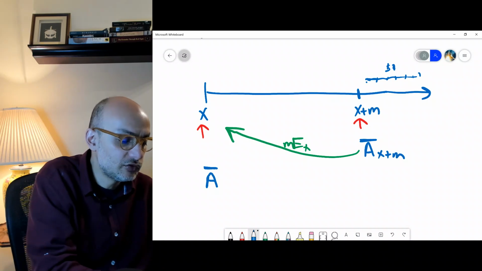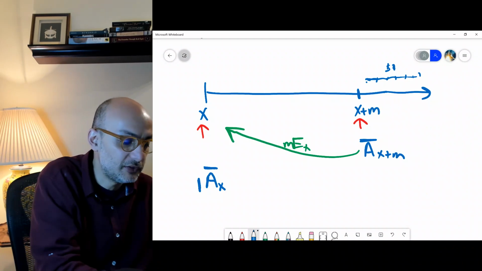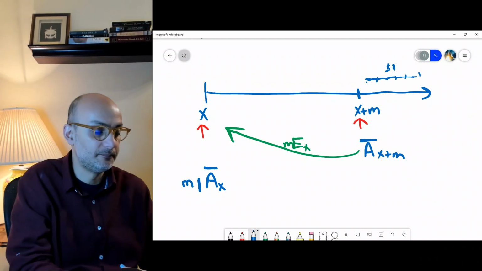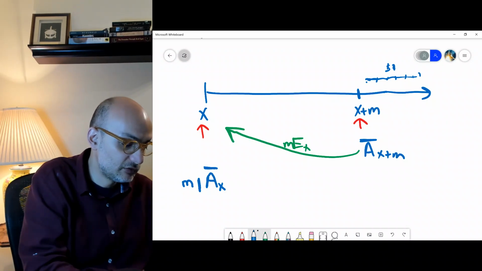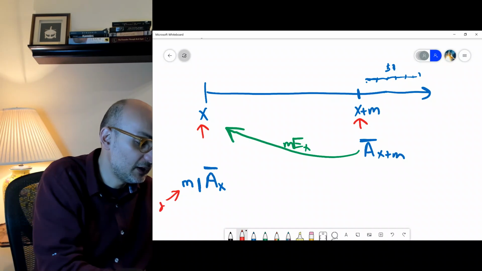This insurance is A_x, but instead of writing x plus m, similar to the deferred mortality, we write deferred insurance, deferred for m years. Just to make sure we understand, this is the deferred period.